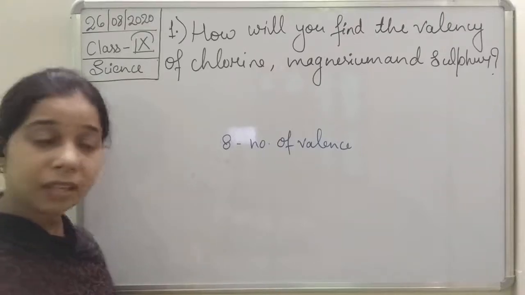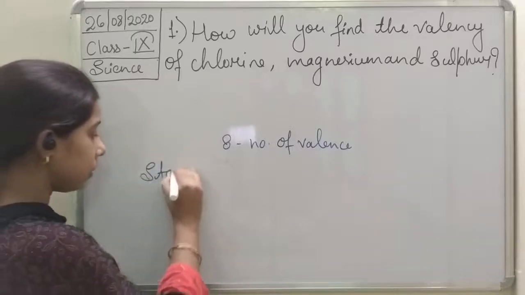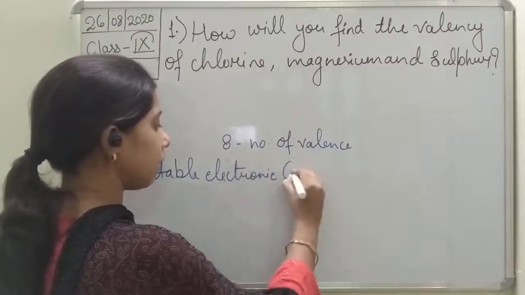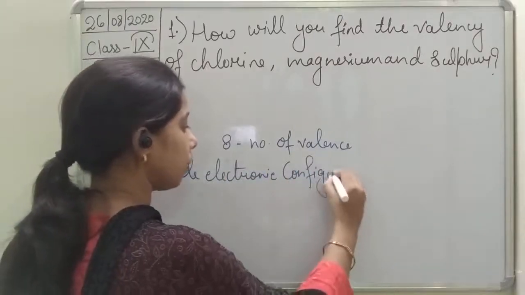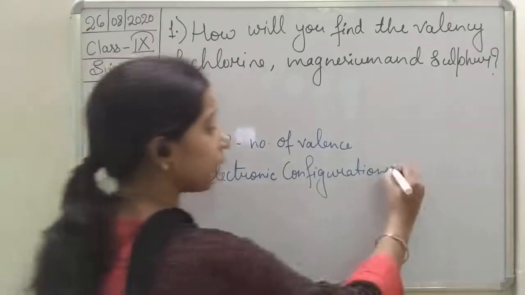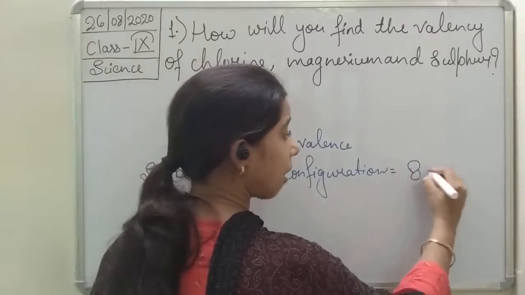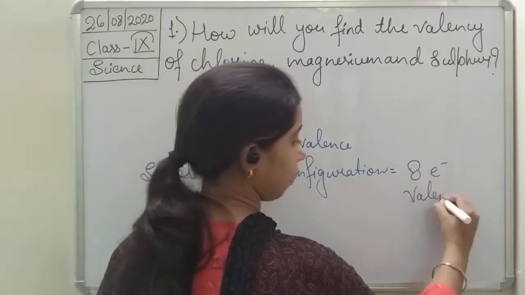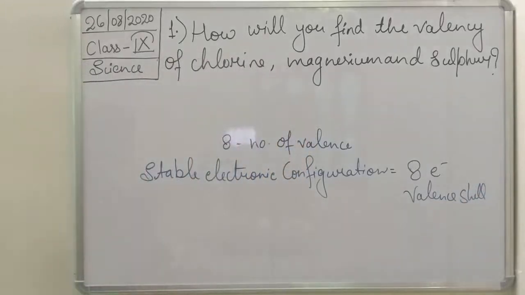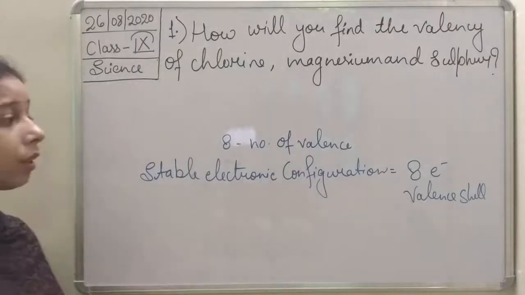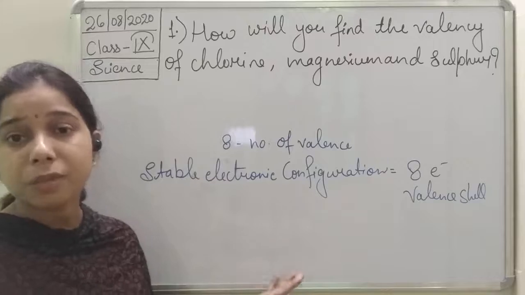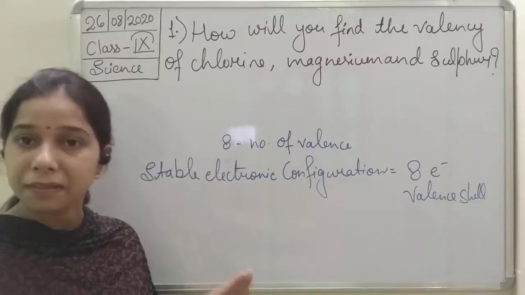Stable electronic configuration means the outermost shell must have 8 electrons. The valence shell must have completed its octet. So an atom having 8 electrons in its valence shell possesses the stable electronic configuration.